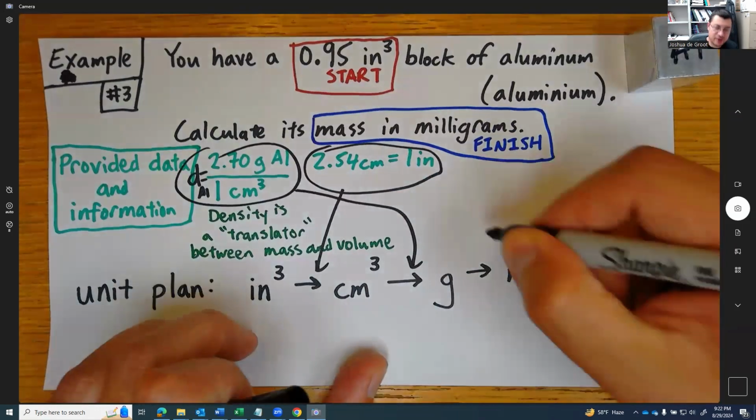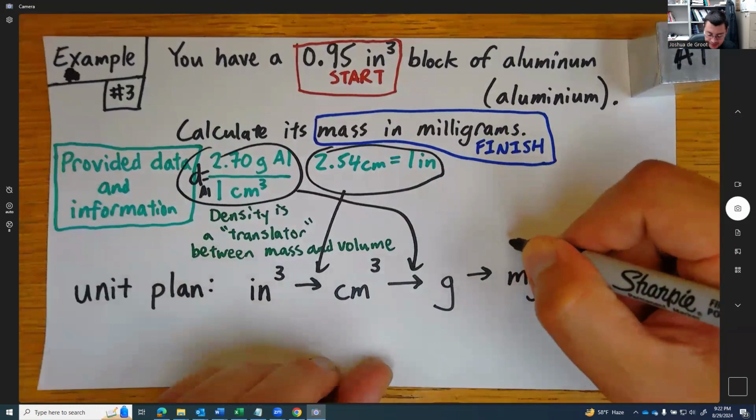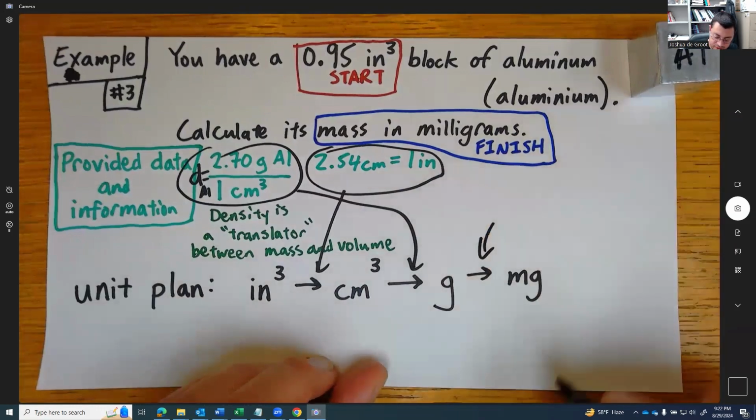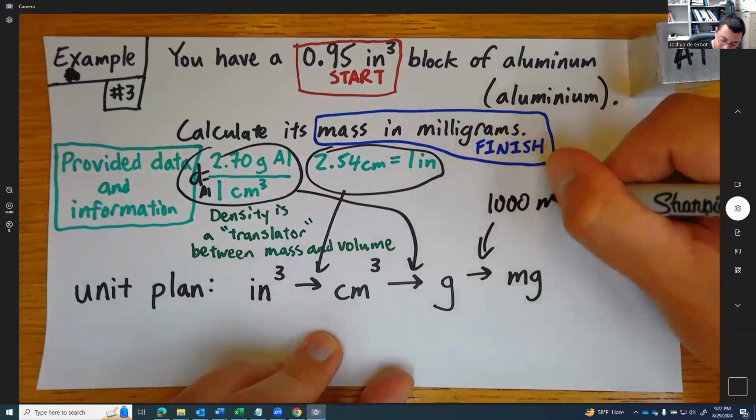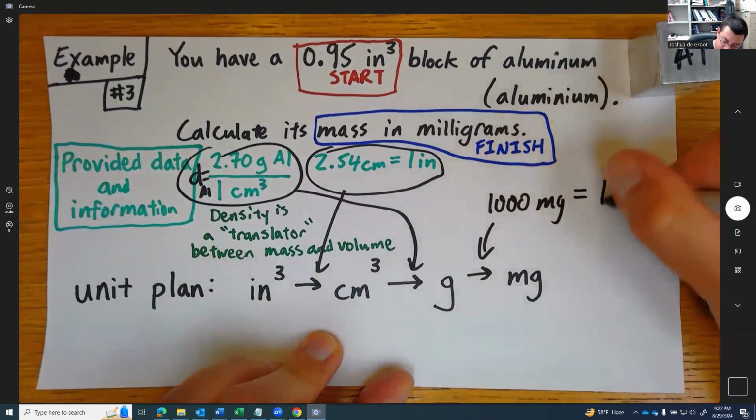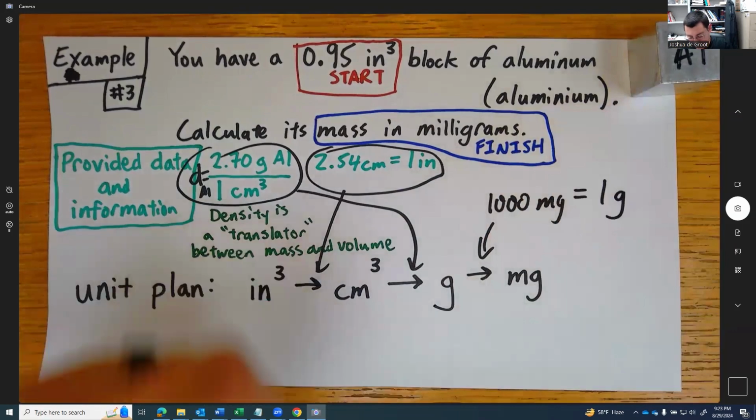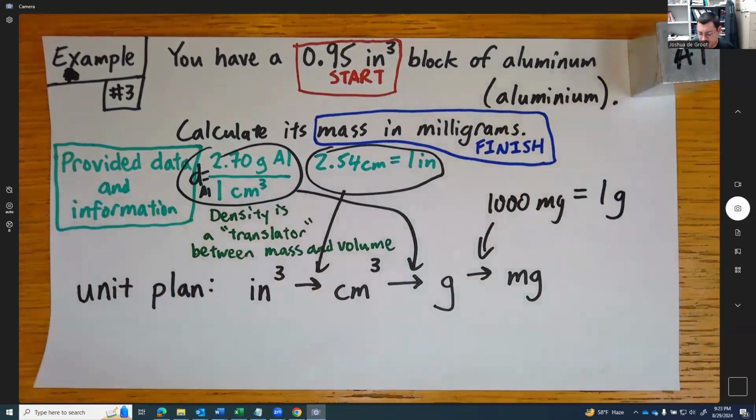And then this last part, it wasn't provided, but since it's a metric conversion, metric conversions, depending on your instructor, it's not always provided. Some will provide a metric system, others don't.